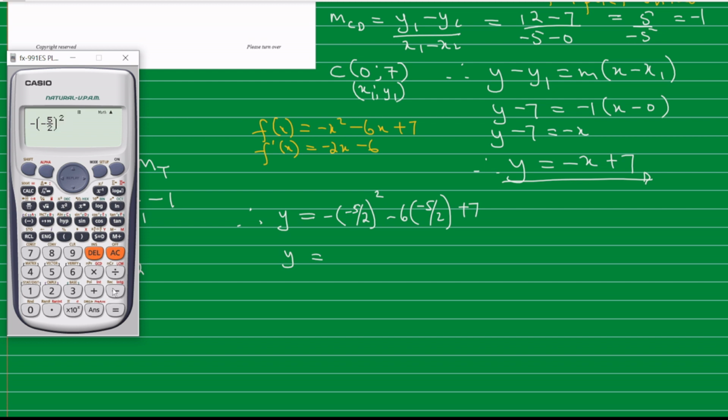And we are going to subtract 6 times, again, negative 5 over 2, and we'll add 7. That is 63 over 4, which is basically 15.75.